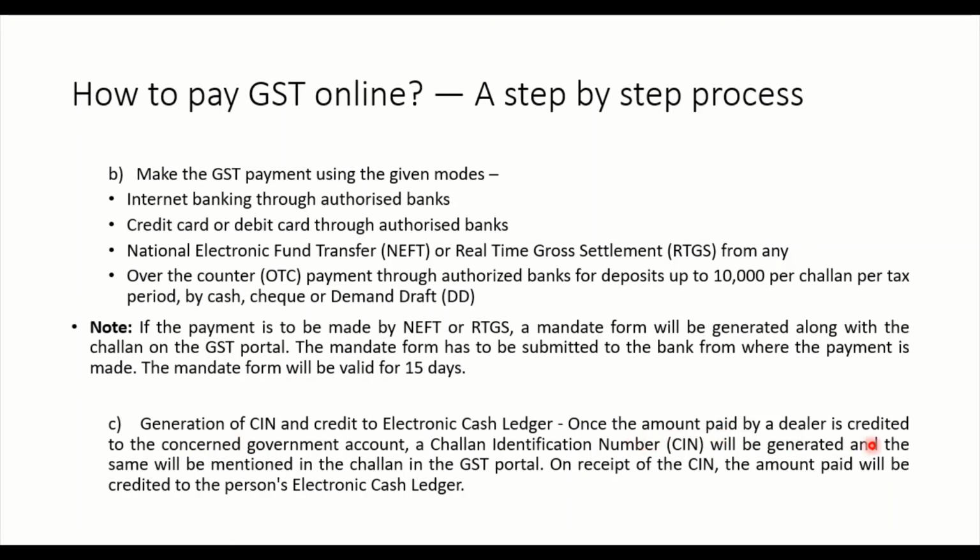Once the amount paid by the dealer is credited to the concerned government account, the CIN will be generated, and the same will be mentioned in the challan on the GST portal. On receipt of CIN, the amount will be credited to the person's cash ledger. This is what you have to understand. After CIN is generated, the electronic cash ledger will be updated, and you can use this electronic cash ledger in any way you want. This is the recent amendment.